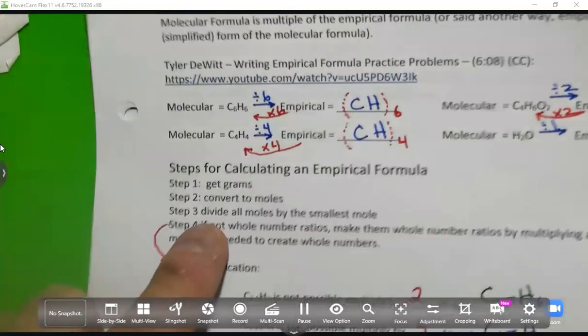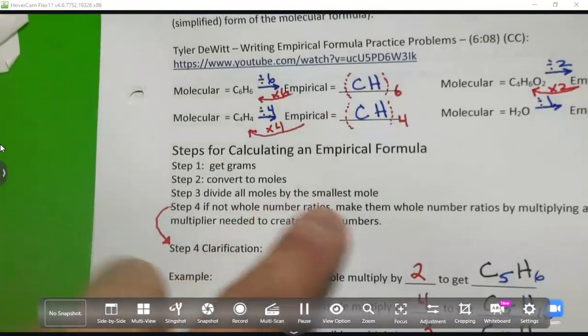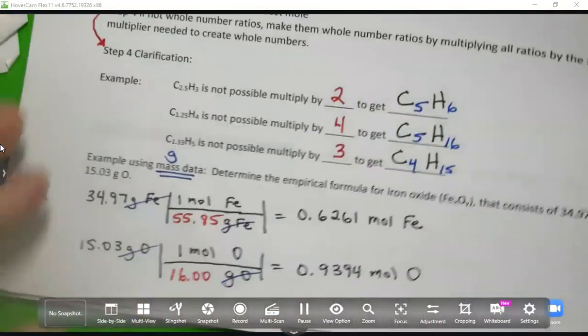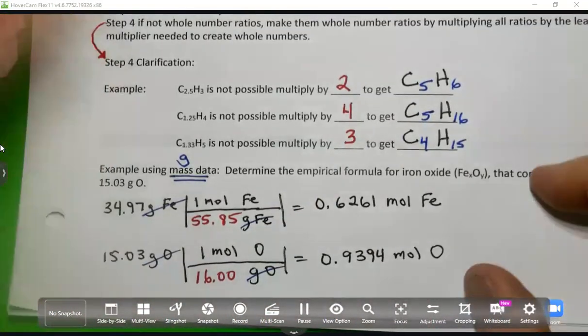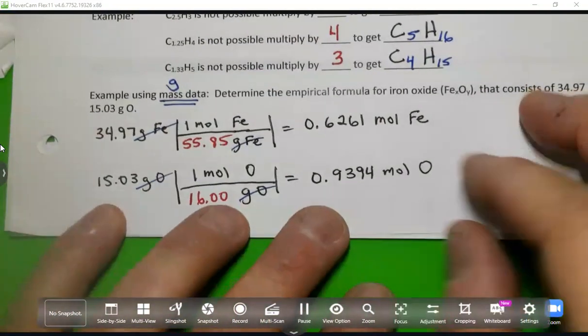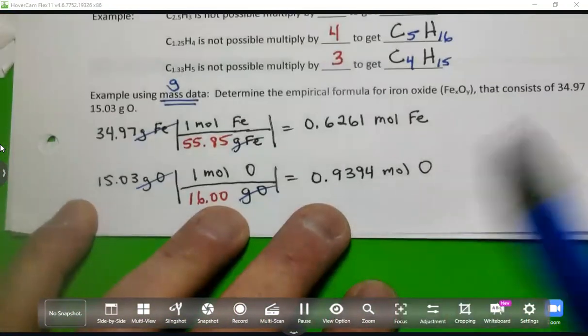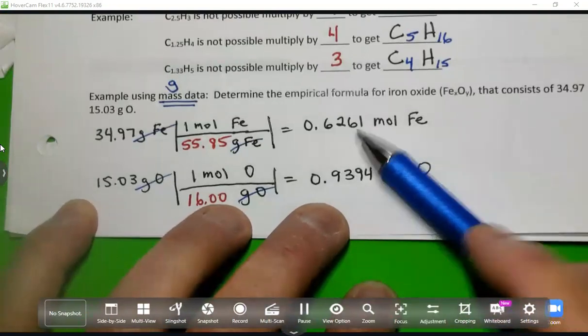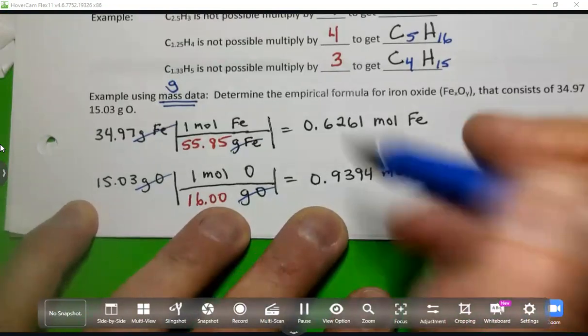Step 3, divide all those by the smallest mole. That's why I like to have 4 pen colors. Trade with a person next to you. I'm going to do that here. The smallest moles is 0.6261, right? So let's draw a line.